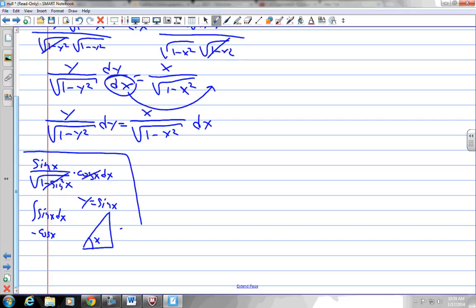Yeah, so this is y, this is 1. So you end up with negative square root of 1 minus y squared. We'll get the same result, only we don't need to do that type of substitution. It's easier to do it with the traditional calc 1 substitution because that y plays well with the inside function. But you can do it that way, yeah, it will work out.